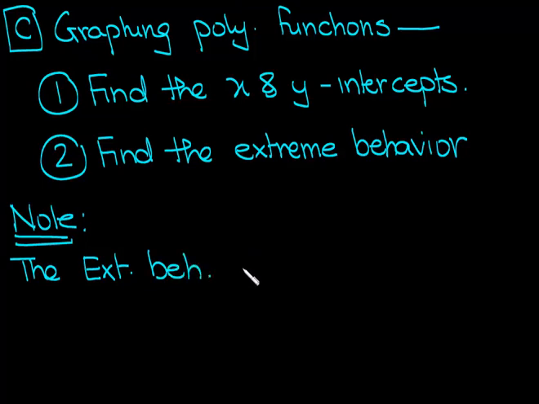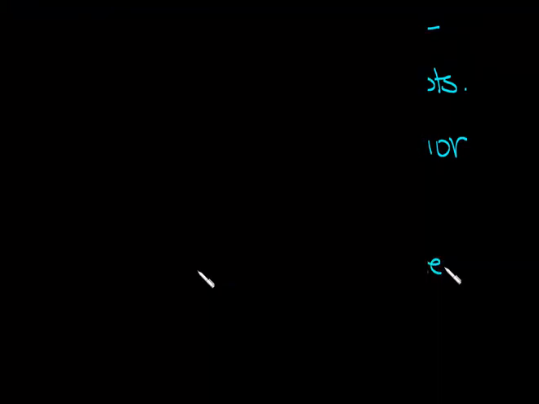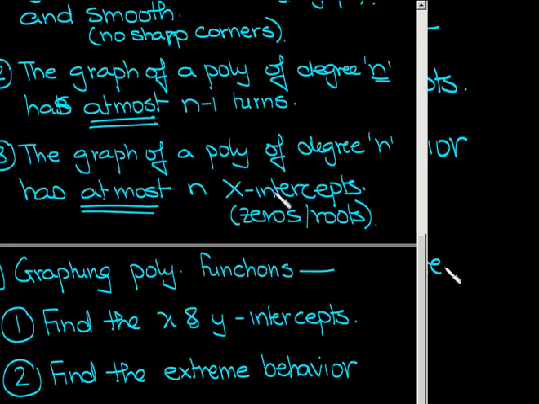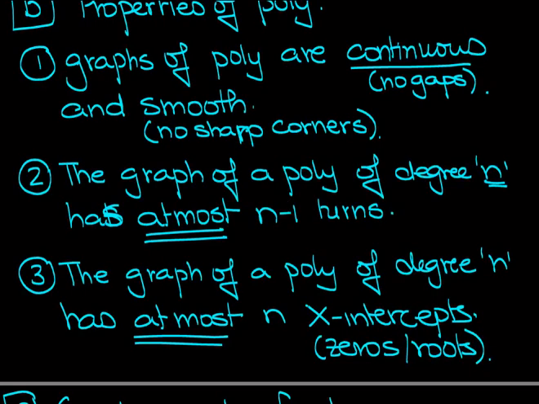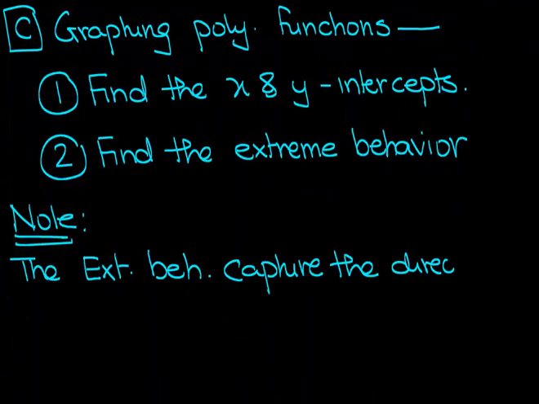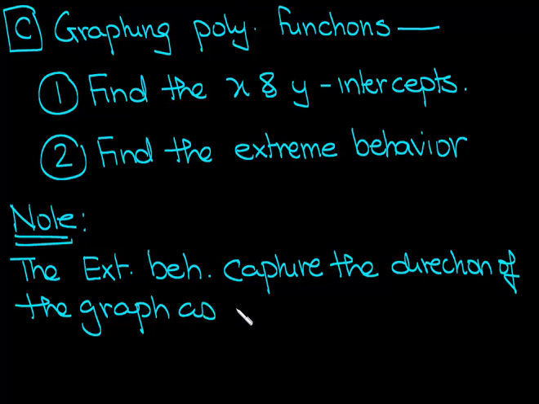The extreme behavior captures the direction of the graph as x values get very big.